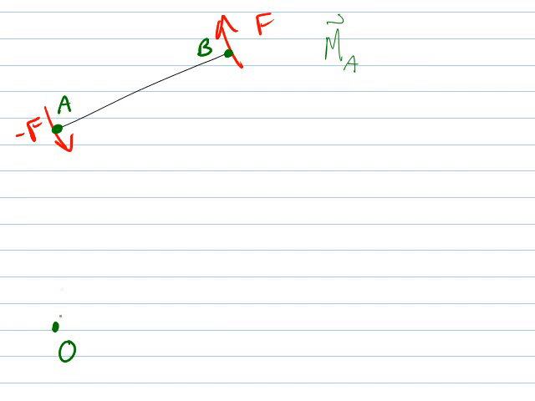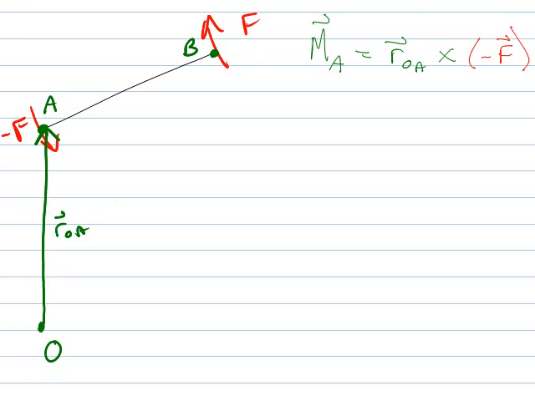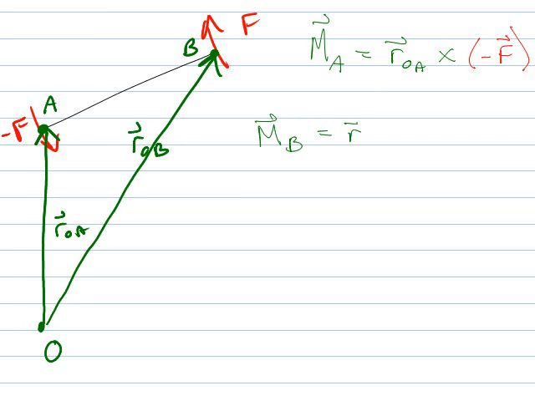Well, remember R cross F, so it's R from O to A, crossed with F, which happens to be negative F. M caused by A is R from O to A, crossed with negative F. Now let's look at the moment around B. It's R from O to B, crossed with positive F, just like that, right?